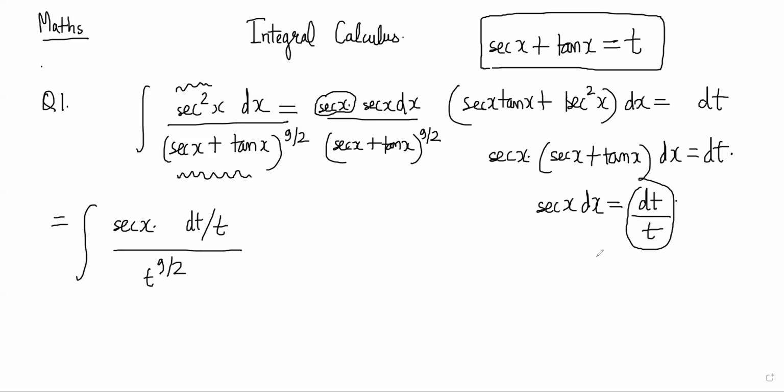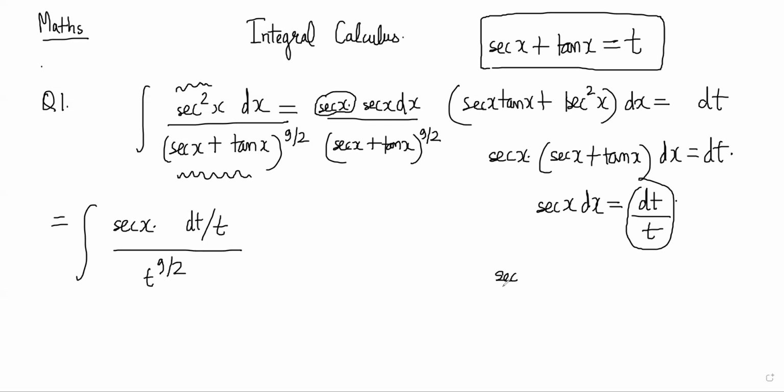What is the identity involving sec and tan? Sec square x plus tan square x is 1. Or sec square x minus tan square x is 1.